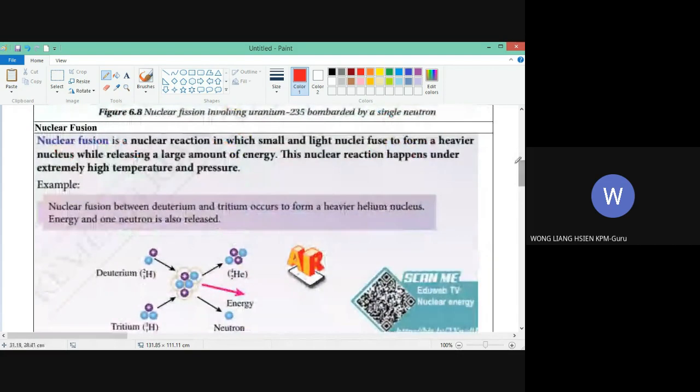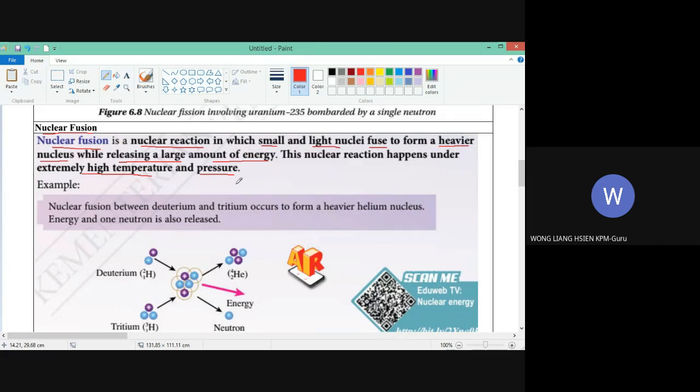Next, we want to look at nuclear fusion. Nuclear fusion is a nuclear reaction in which small and light nuclei fuse to form a heavier nucleus while releasing a large amount of energy. This nuclear reaction happens under extremely high temperature and pressure. Nuclear fusion is the opposite of nuclear fission.